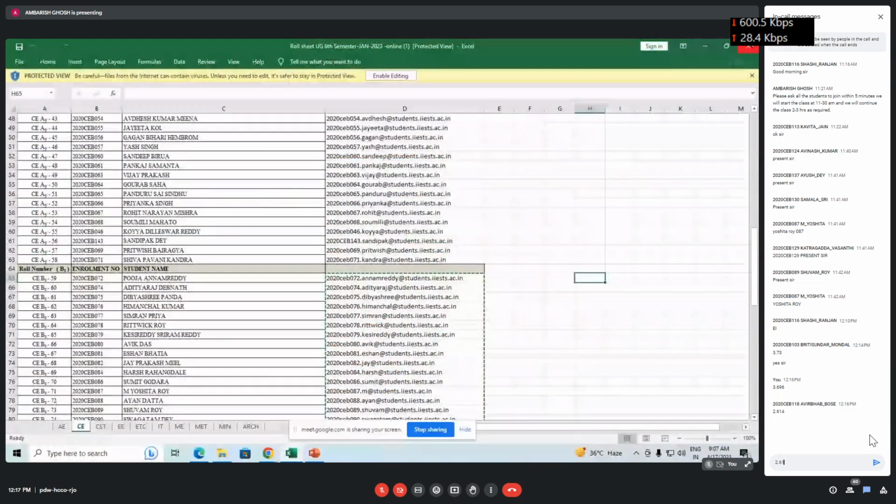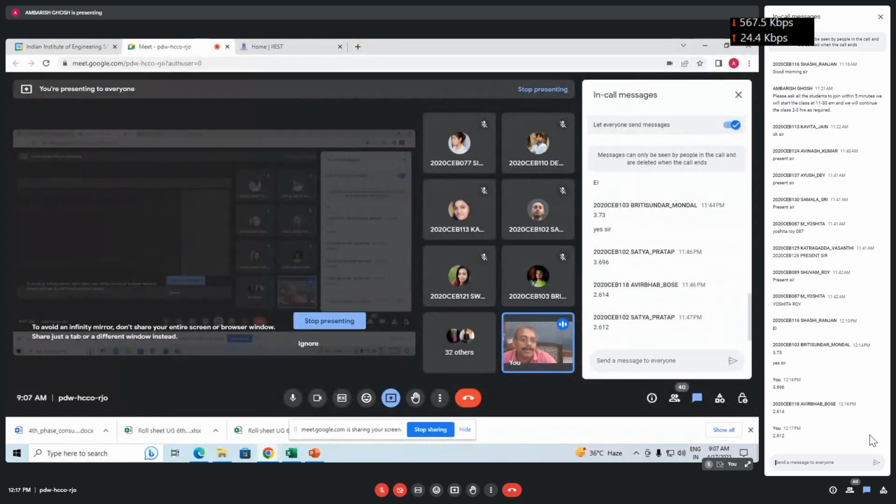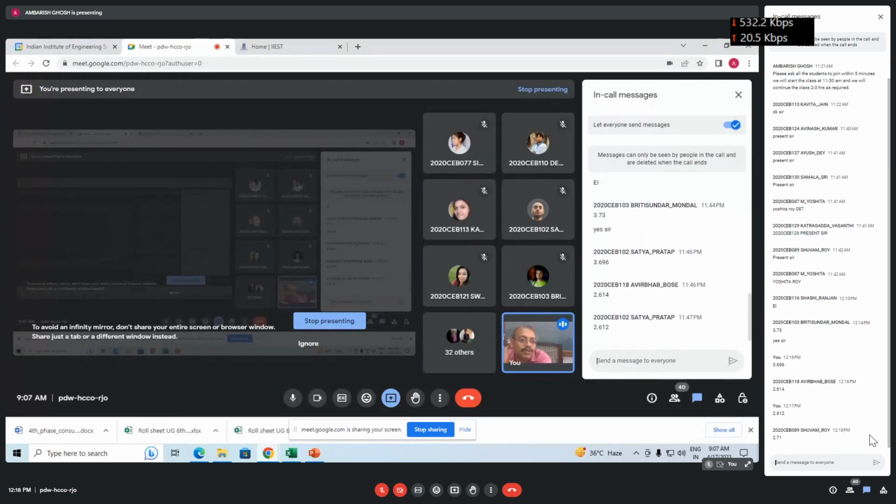What about others? Everybody is writing only 2.614, or doing the calculation correctly? Satya Pratap. Yes, sir, done. Please write it down in the chat box so that it will be taken as attendance. Everybody has to do the calculation.